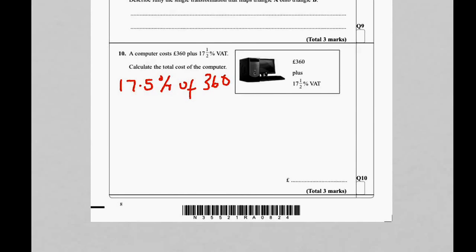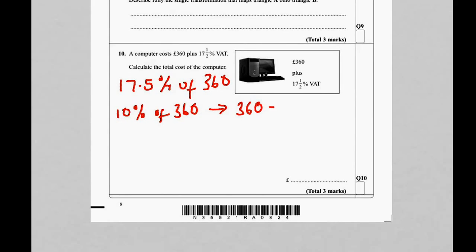Question 10. A computer costs £360 plus 17.5% VAT. Calculate the total cost of the computer. Well, what I need to do is work out 17.5% of 360 and then add it to the 360. Now there are several ways of doing this. You could work out 10% of 360 by doing 360 divided by 10, which is 36.